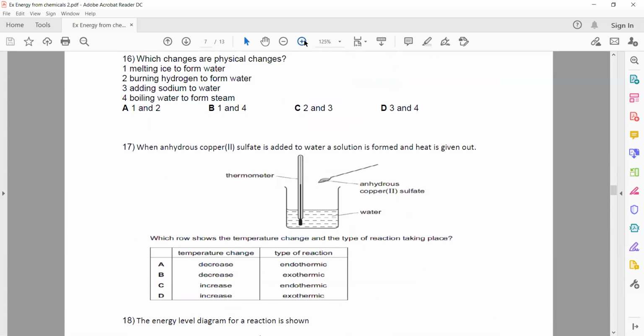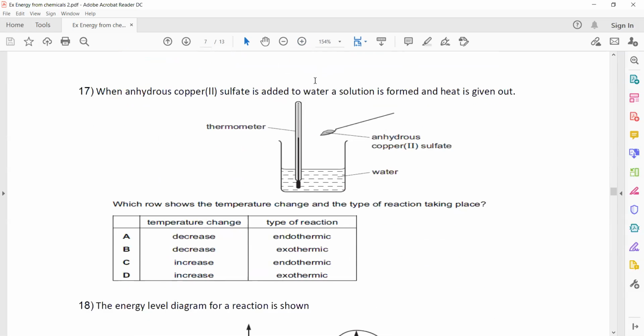In question 17, anhydrous copper sulfate is added to water and heat is given out. So when we add this copper sulfate to water, heat is given out, and the water will absorb that heat energy. As the water absorbs heat energy, its temperature will increase.